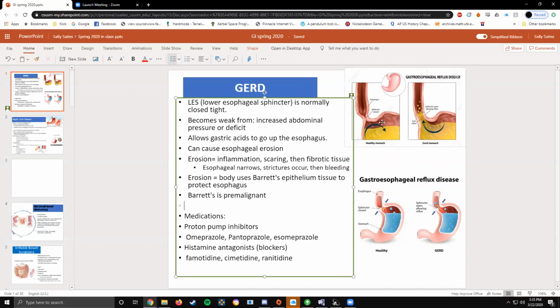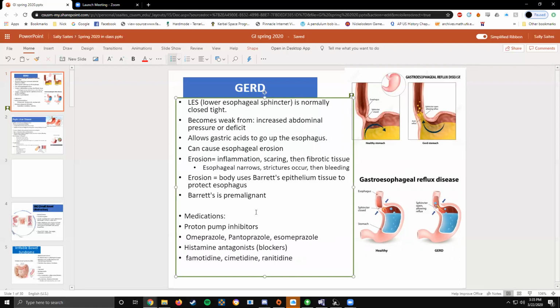So what we need to do is decrease pressure. That could be through educating the patient on weight loss. But, you know, in a lot of cases, there's not necessarily a reason for this or something that we cannot really correct.